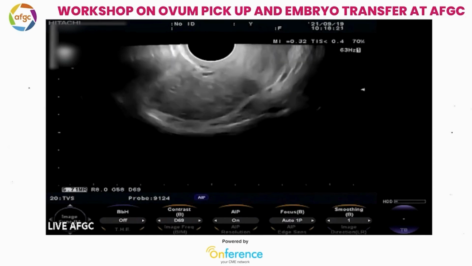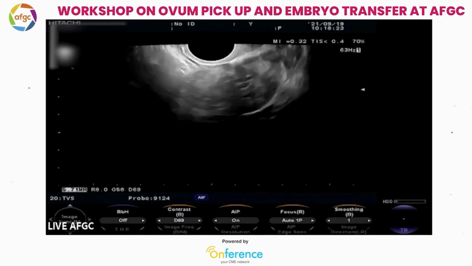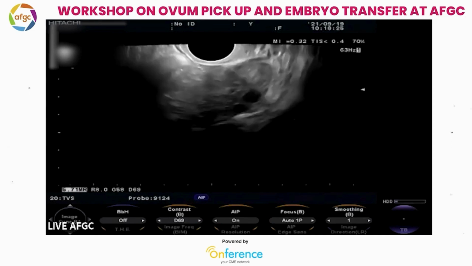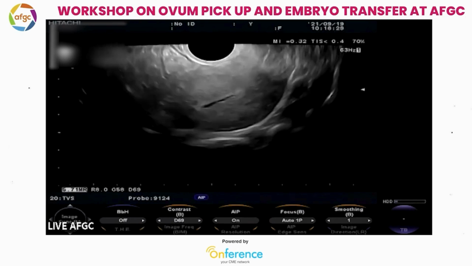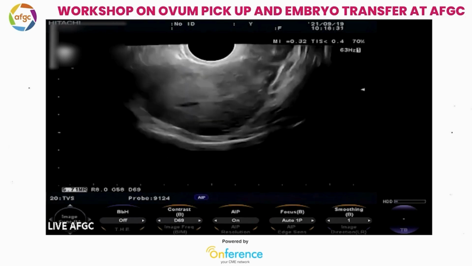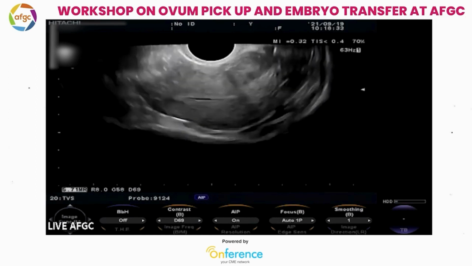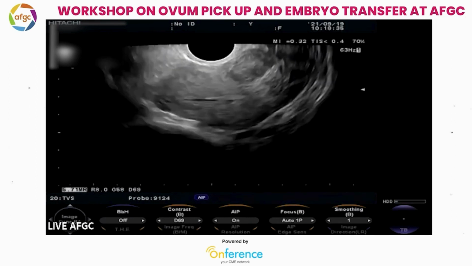That's the ovaries there. The next ovary. So the sagittal view gives me the endometrium with the fluid and the fibroid. Freeze.